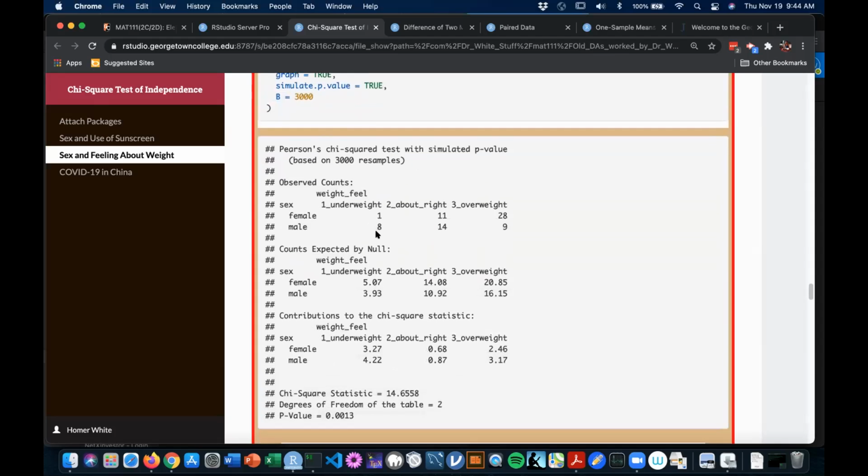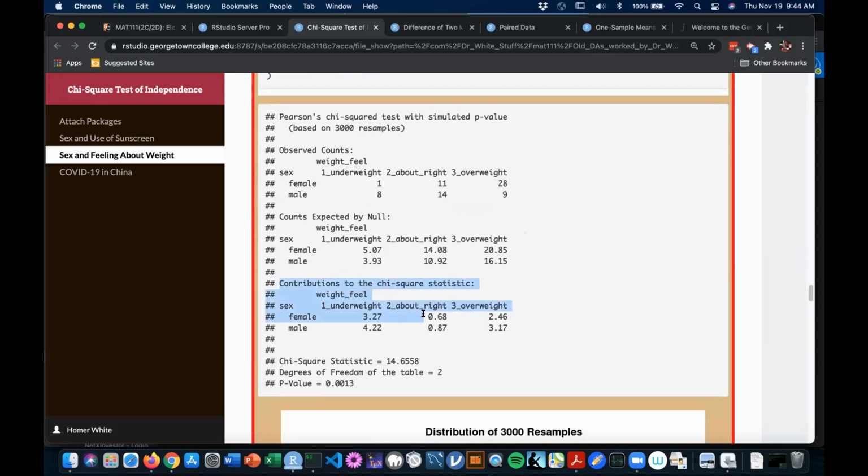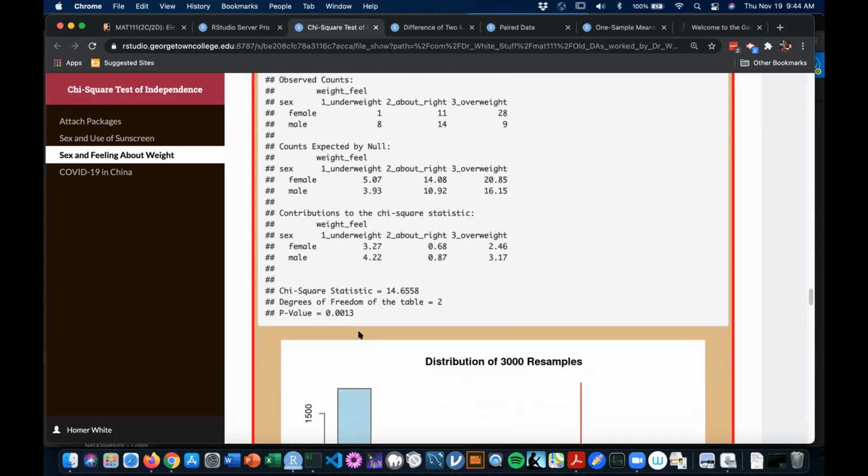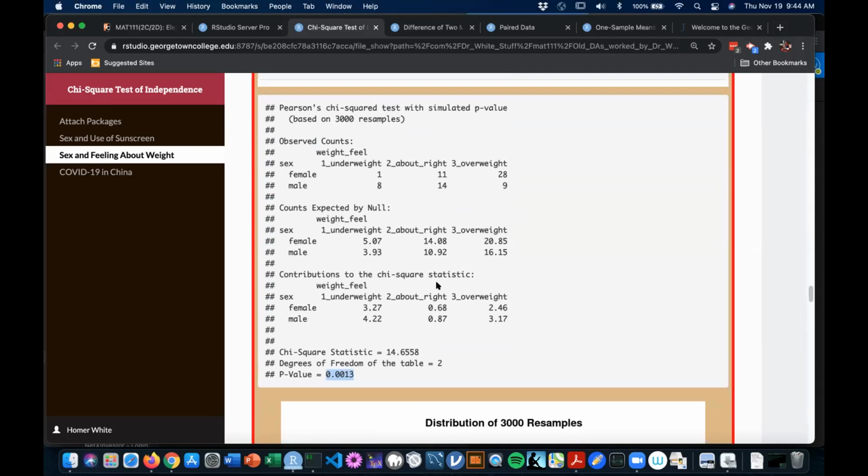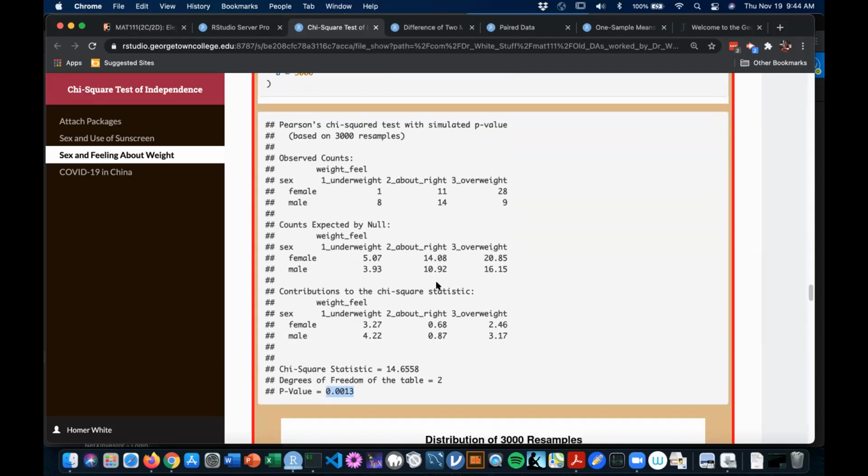And so then you get this different output, which has the same information about the observed counts, the same information about the count expected by the null, same contributions to the chi-square statistic, same chi-square statistic, same degrees of freedom. But the p-value is gotten by doing the following thing 3,000 times.